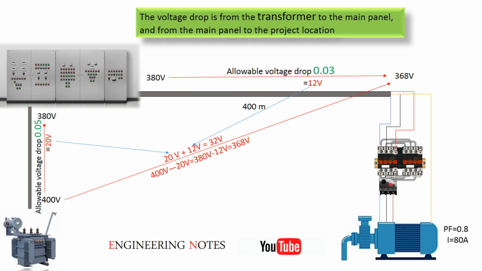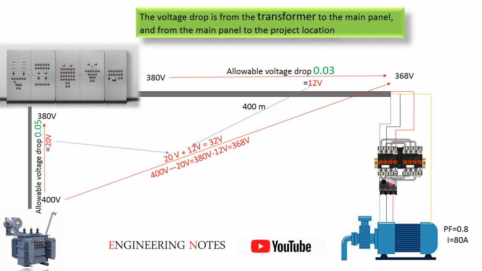Now, let me explain why I considered the voltage variation to be 12 volts. According to existing standards, from the transformer to the main panel, or the electricity meter, the maximum allowable voltage drop is 5%. 5% of 400 volts equals 20 volts.